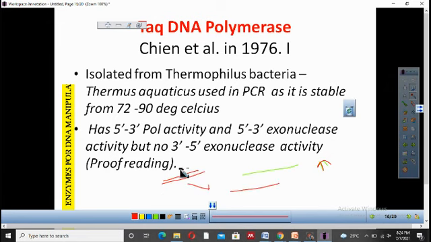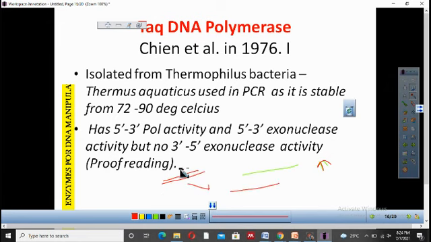For this we have to denature the DNA, and denaturation can be done either by heat, or by some chemicals, for example ammonium hydroxide, which is also a denaturing agent.